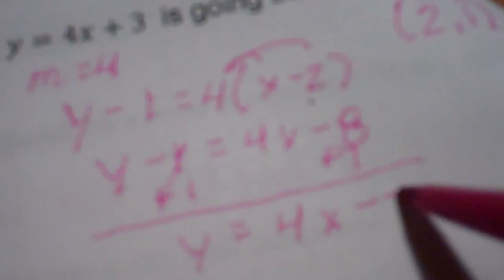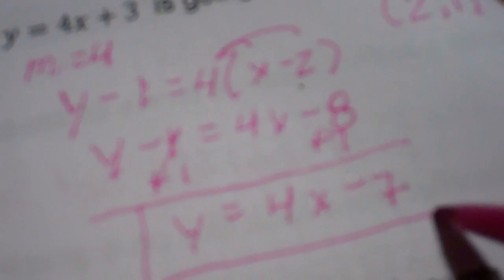So y minus 1 equals the slope x minus 2, using this as x1, y1. Step 3, distribute. Y minus 1 equals 4x minus 8. And finally, simplify. Y equals 4x minus 7. That's it.